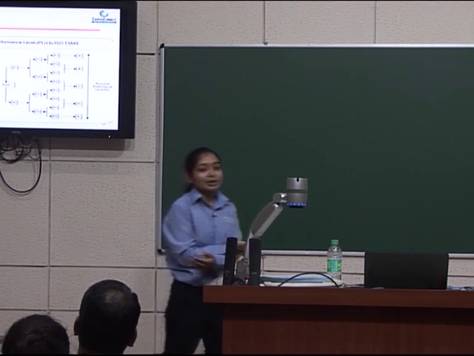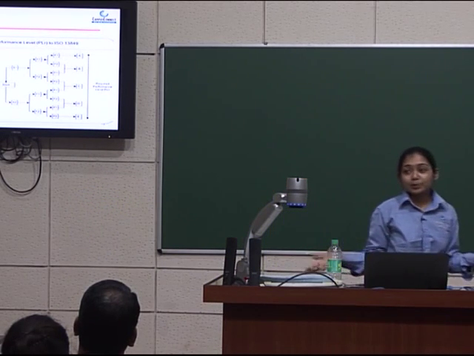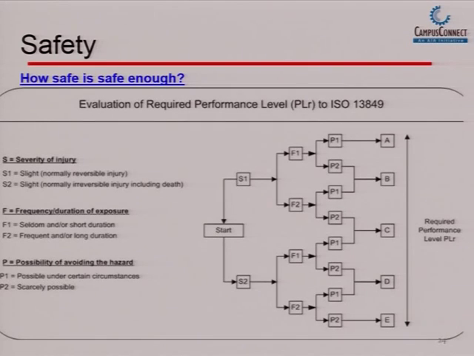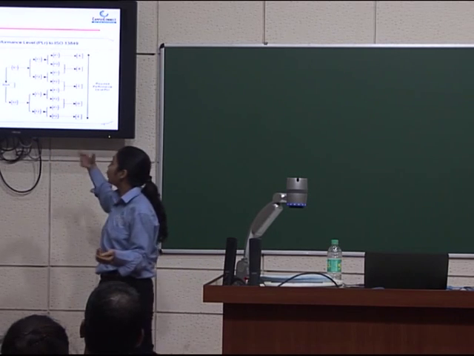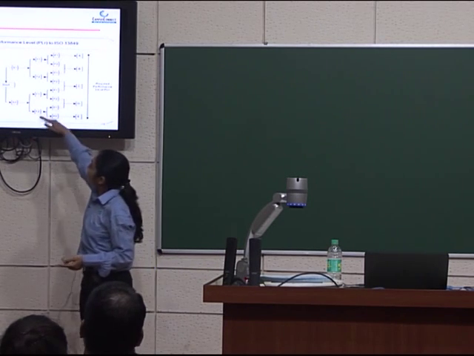Will it be reversible or irreversible? Irreversible also includes death. Next, what is the frequency of the exposure? How often will the operator or whoever comes near be exposed to such dangerous things happening? Will it be seldom or rare, or will it be frequent? So that is also divided into F1 and F2.